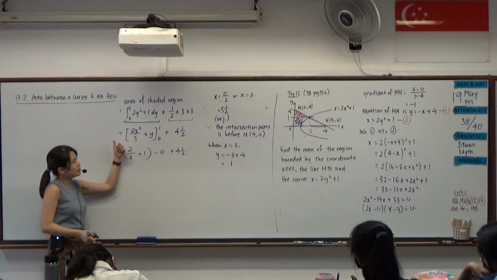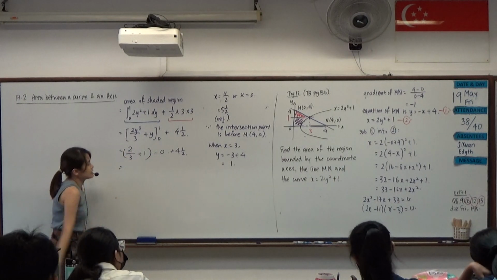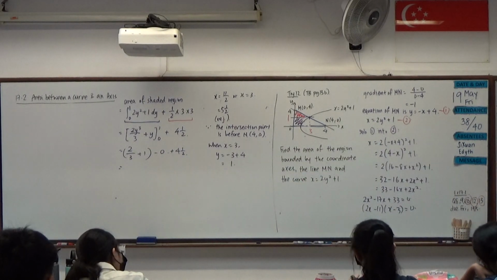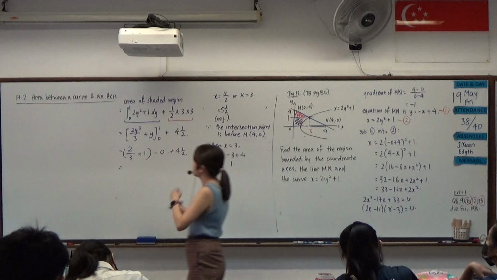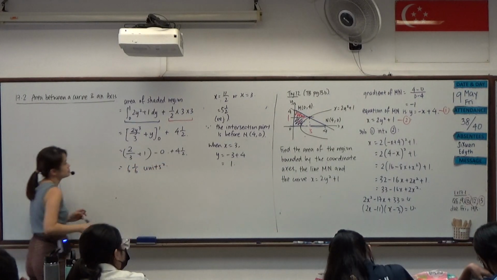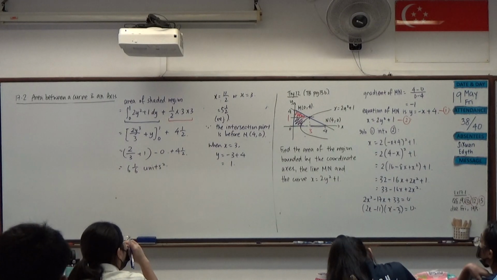Sub in 1 and then sub in 0. Sub in 0 you get 0. So 1 and 2/3 plus 4.5, you will get 6 and 1 over 6.